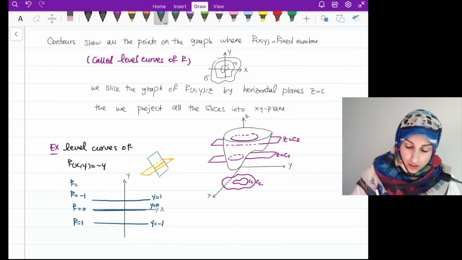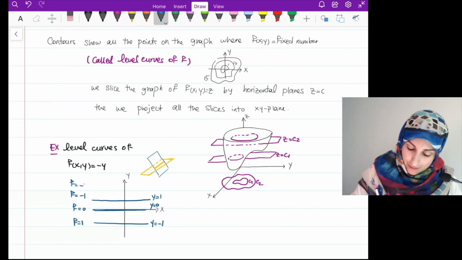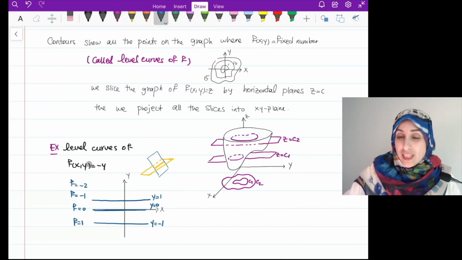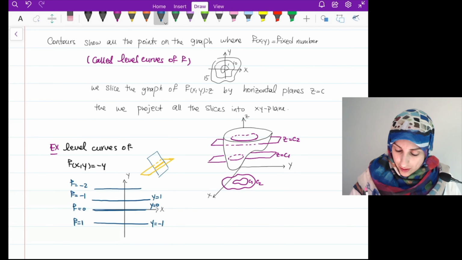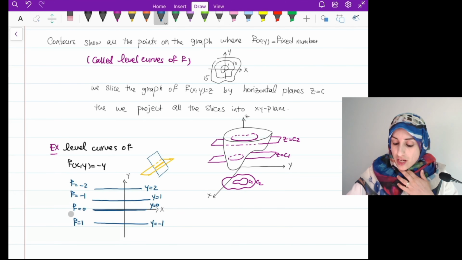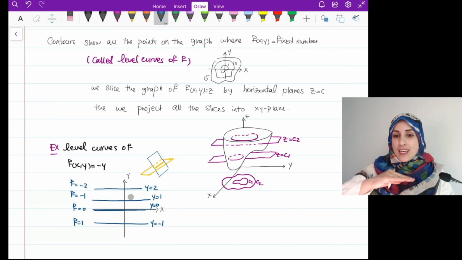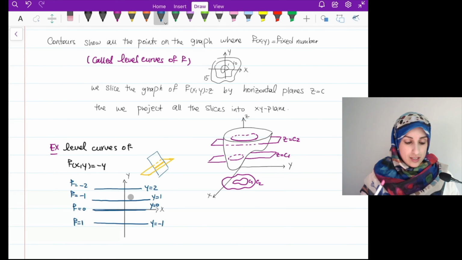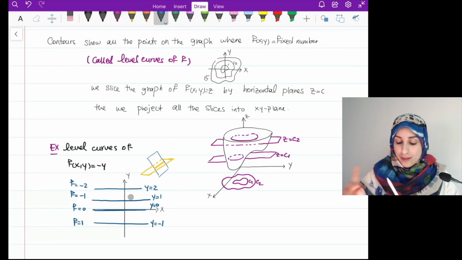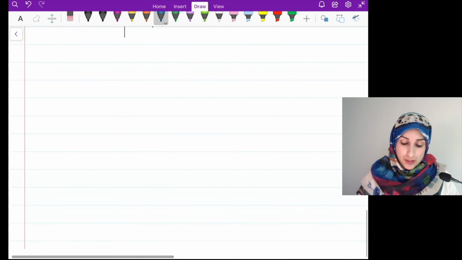If f is equal to, for example, -2, I plug in -2 in here, z equals -2, and then y is equal to 2. So these are all the level curves that I get, and if the level curves align, I get the plane. Let's look at one more example.